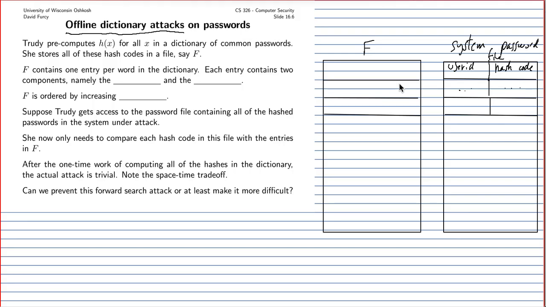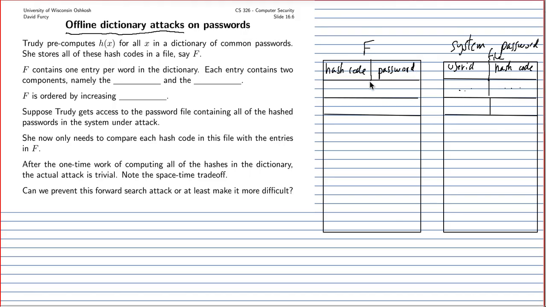So basically, Trudy is also going to have records with two components. The first component is the hash code that she computed using the known hash function. The second component is the password that she fed as input to that hash function.